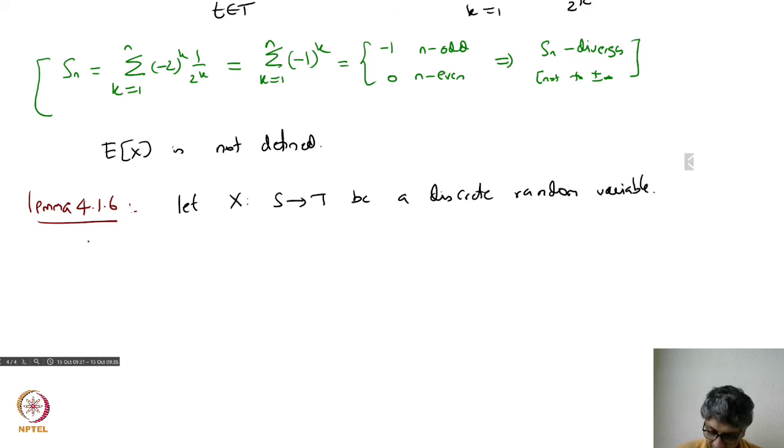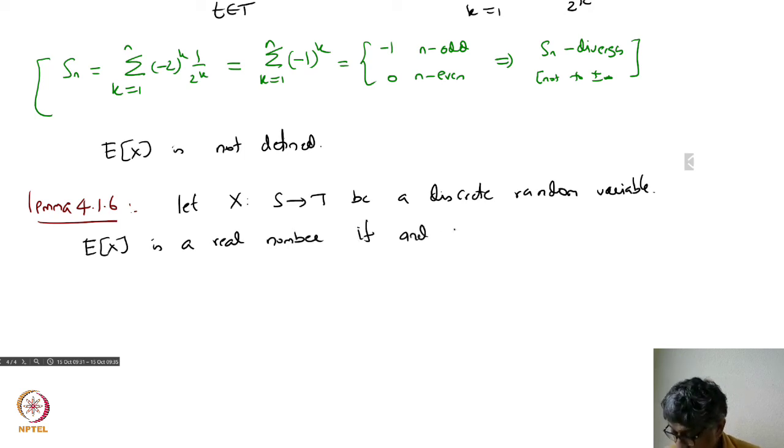Then E of x is a real number if and only if E of mod x is finite.